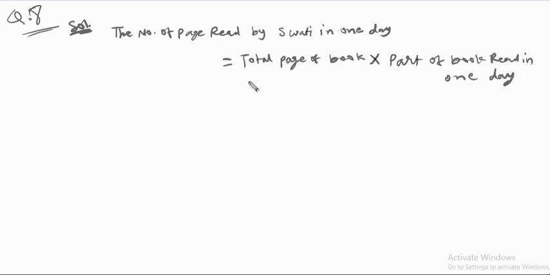When we multiply the total pages of the book by the part of the book read in one day, then the total number of pages read by Sweetie in one day will come, right?